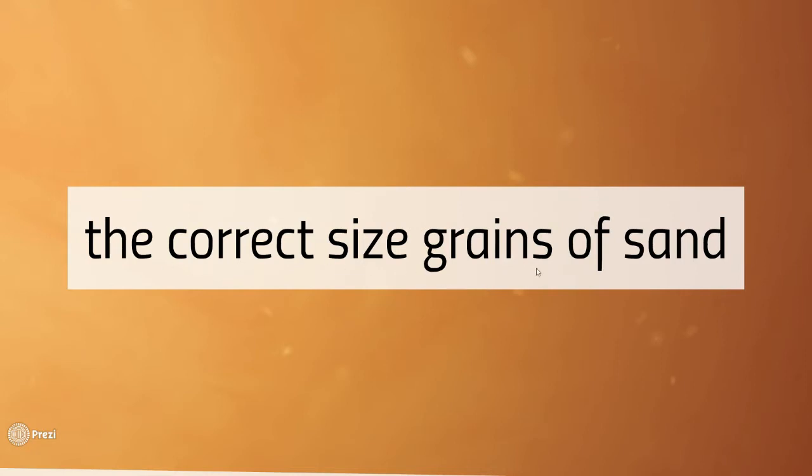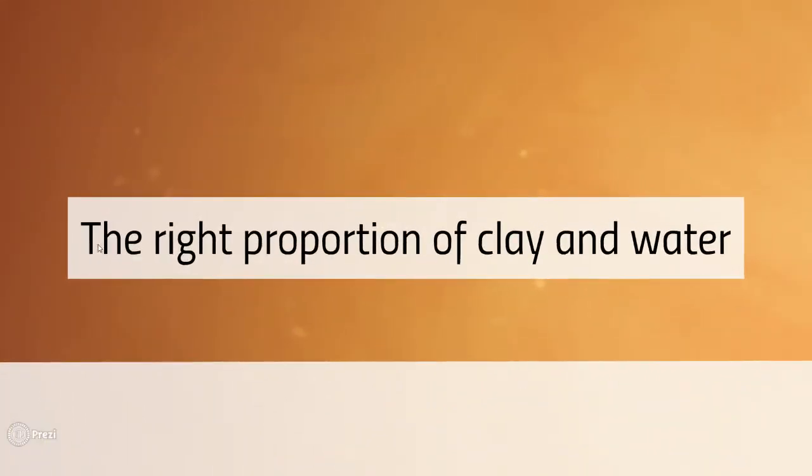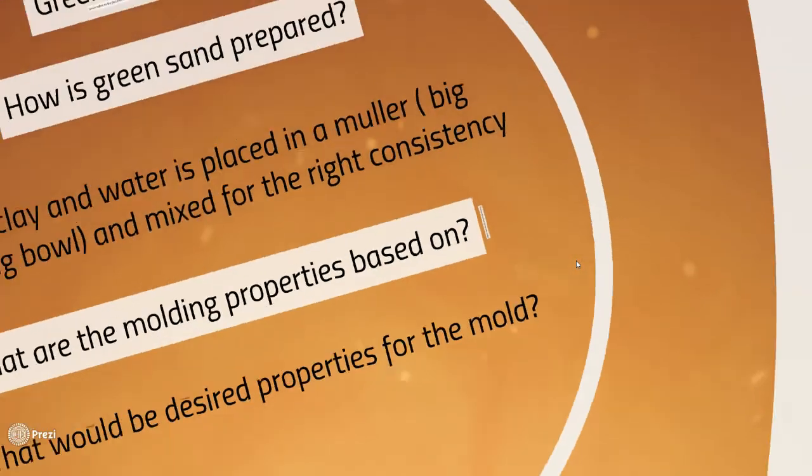Usually, the smaller the grain of sand, the more accurate your mold and your casting is going to be. You do want to choose the right proportion of clay and water. I mentioned to you before, there are different recipes, but it's very important that you mix that in the right proportion for what you need.